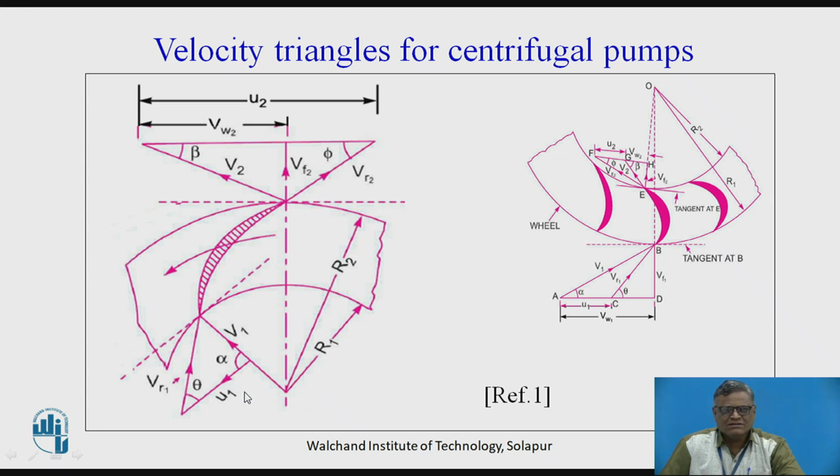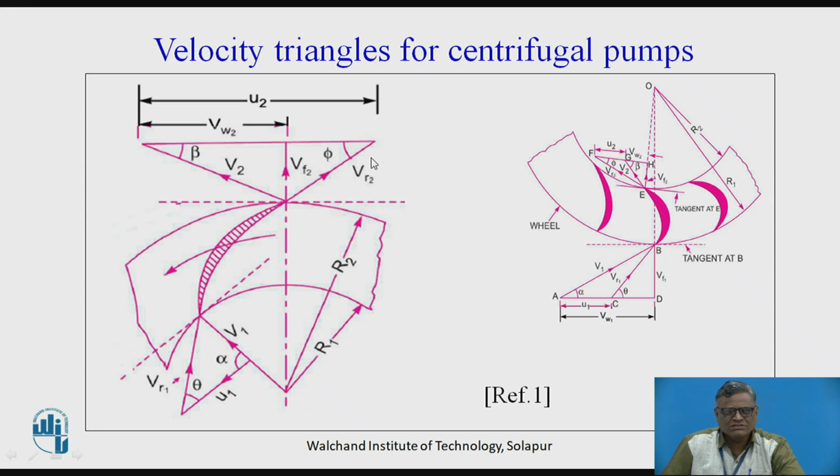Now at the outlet side, that is the outer side of the impeller, the diameter is larger. The liquid leaves with a relative velocity vr2. At radius 2, the outer diameter, the liquid is leaving, so u2 is pi d2 N upon 60.